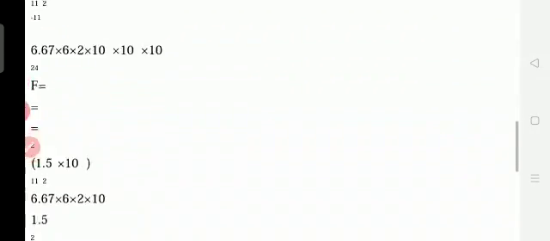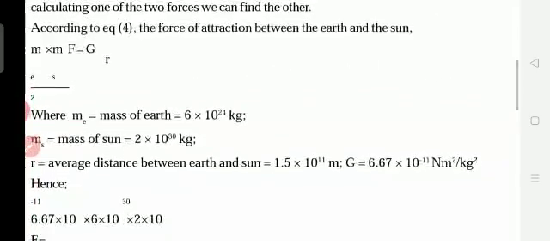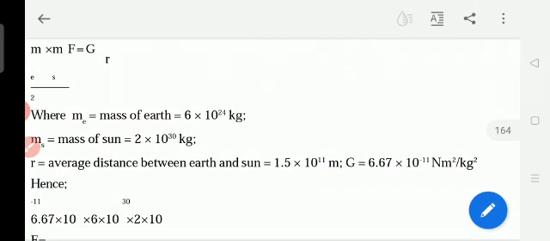In the place of m1 they put the mass of the earth, and the mass of the sun. The gravitational value is also there. 6.67 into 10 to the power of minus 11 is the universal gravitational constant, which never changes.